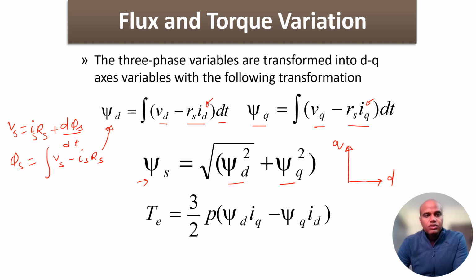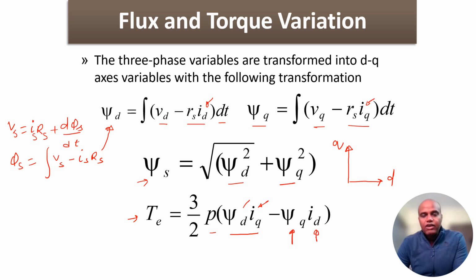Similarly, the torque produced by the induction motor is equal to 3 by 2 times the number of poles, times the direct axis flux multiplied by the quadrature axis current, minus the quadrature axis stator flux and the direct axis current.